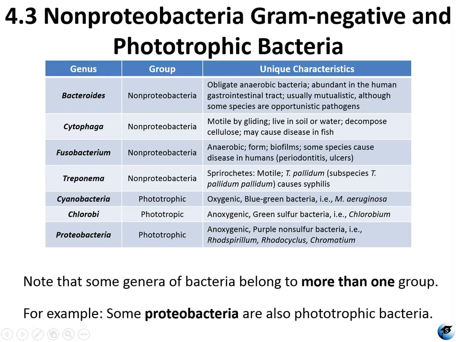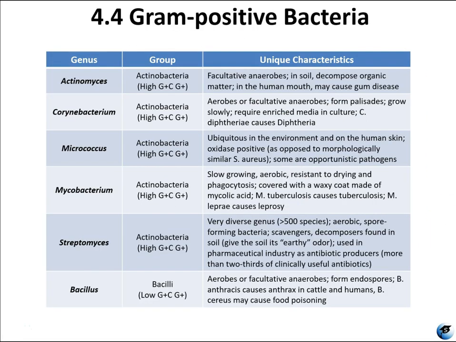Gram-positive is a very large, diverse group, and this table gives some examples of your gram-positive high GC and low GC bacteria. So you have your Actinomyces. This one is associated with gum disease. Your Corynebacterium causes diphtheria, Micrococcus. There are some that are opportunistic pathogens, but these are rather ubiquitous in the environment, and a lot of them are non-pathogenic.